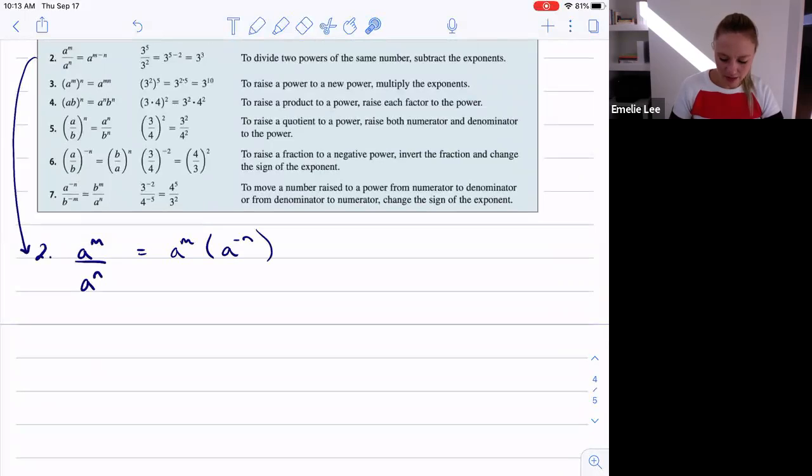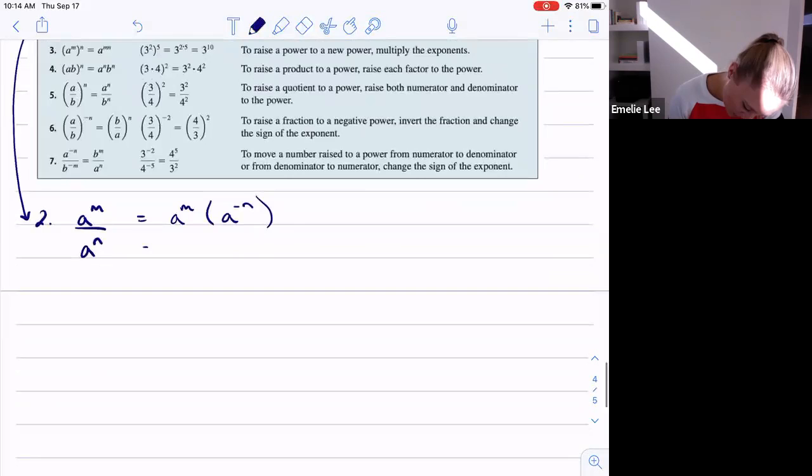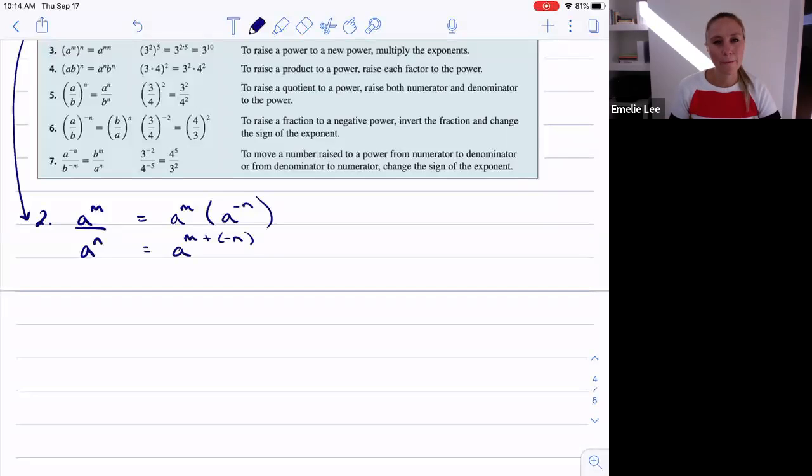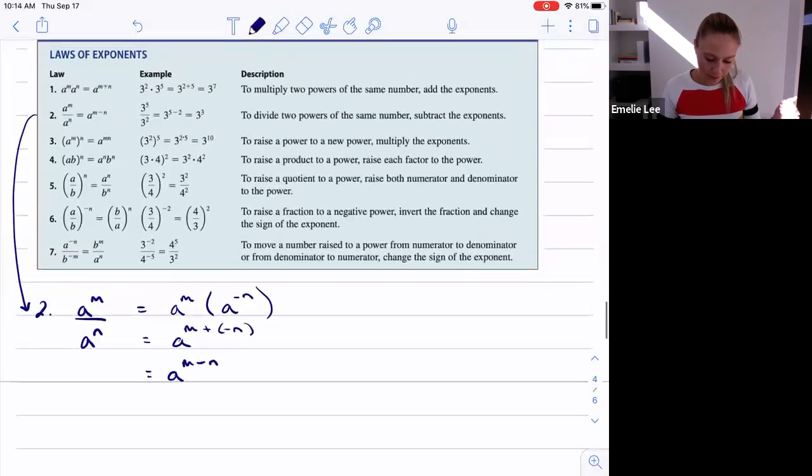Well, so now I have the same base being multiplied, right? And so I can add these two. So this becomes a to the power of m plus negative n. But that's the same as m minus n. So that's why we get a to the power of m minus n. Right? So that's how it evolves, right? And a lot of these will follow from that.